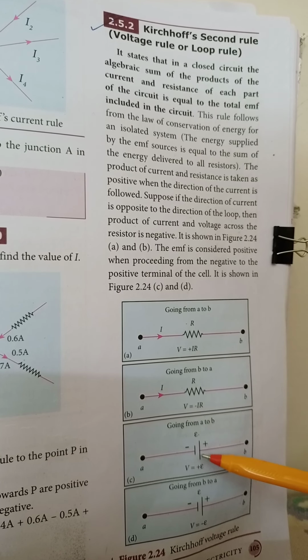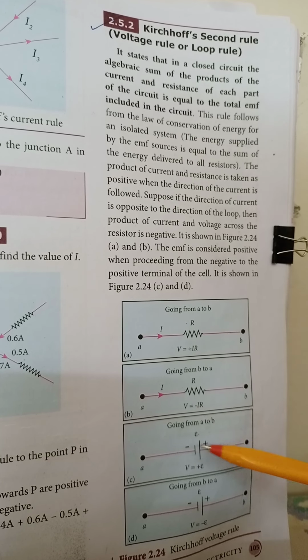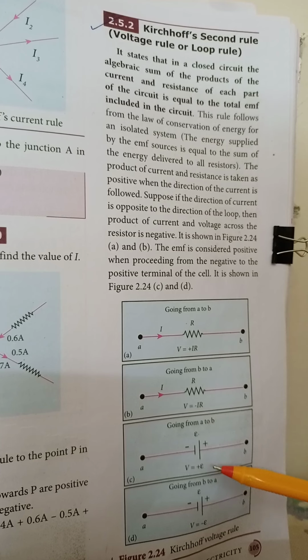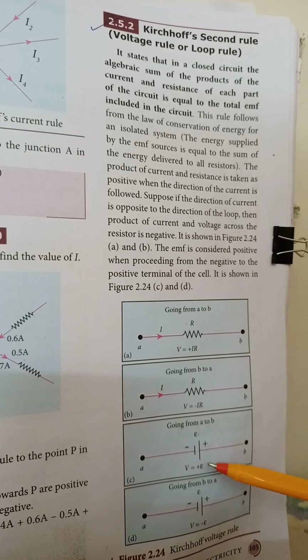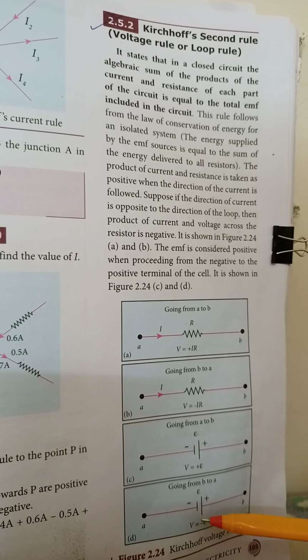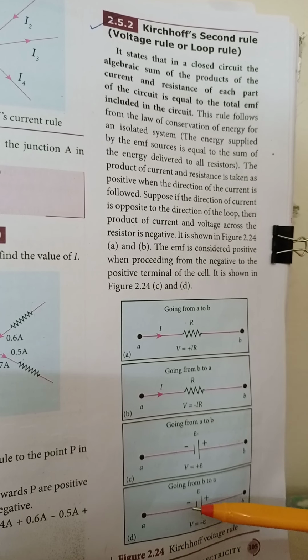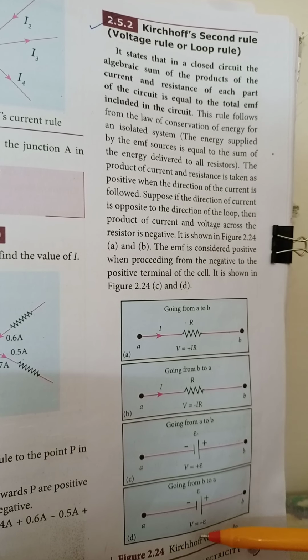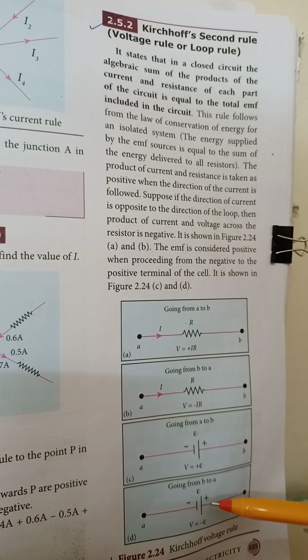Here the current flowing inside the battery is the same as the loop direction taken, so I can write V is equal to plus E, where E represents the EMF of the cell or battery. If you go around the loop from B to A, as the loop direction and current direction are opposite, I have to write V is equal to minus E. This is very important.